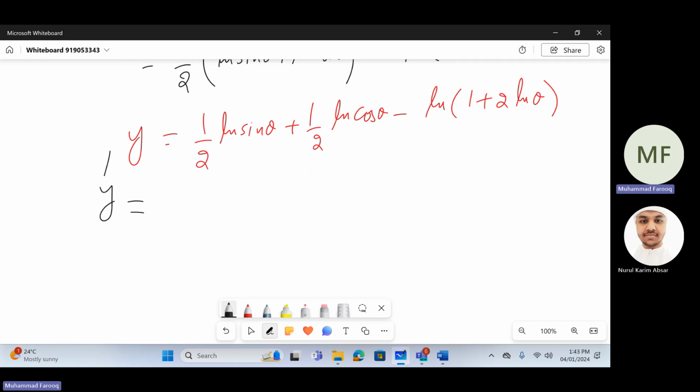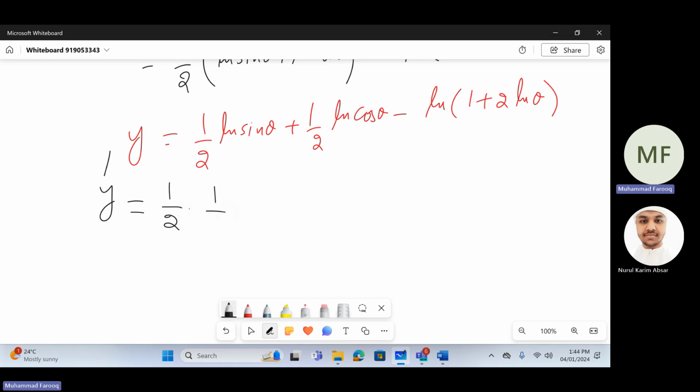Y prime, please. 1 by 2 is multiplying. So as per the rule of derivative, if you have a constant as a product, 1 by 2 will not change because it is a constant multiplying the function. So no change for 1 by 2. Take the ln sine theta derivative. Here you can see the argument of ln is sine.